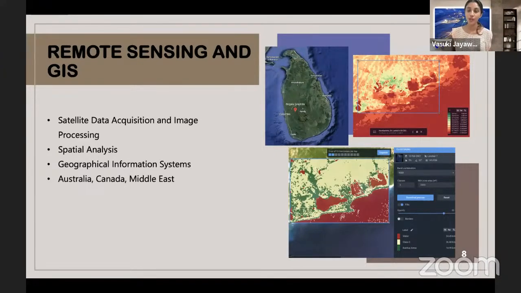If you'd like to become a remote sensing or GIS data scientist, a GIS data analyst or a consultant, of course, this is one of the good areas where you can practice and gather some hands-on experience. And then you can find a lot of jobs in Australia, in Canada, in the Middle East.